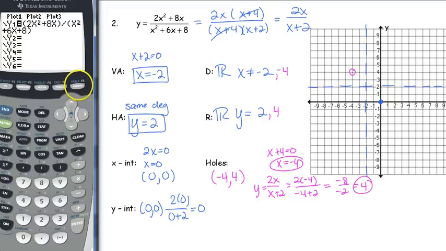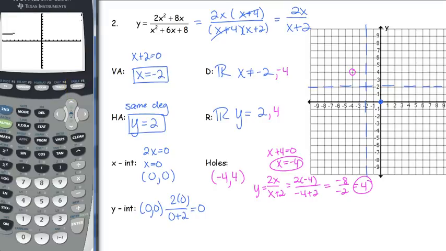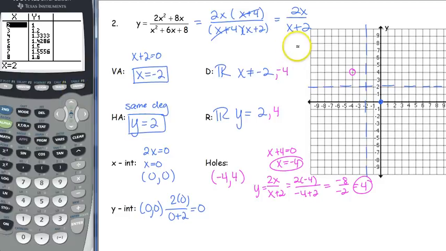And we hit graph. It's already in our standard window. We have our vertical asymptote at negative 2, so we want 3 points to the left of that. So we go to the table. We go to negative 3.